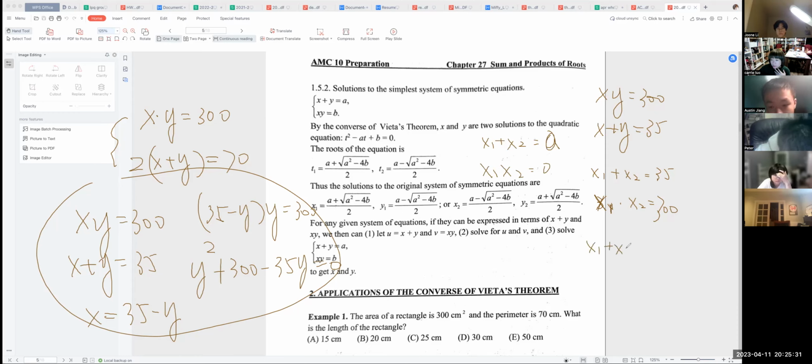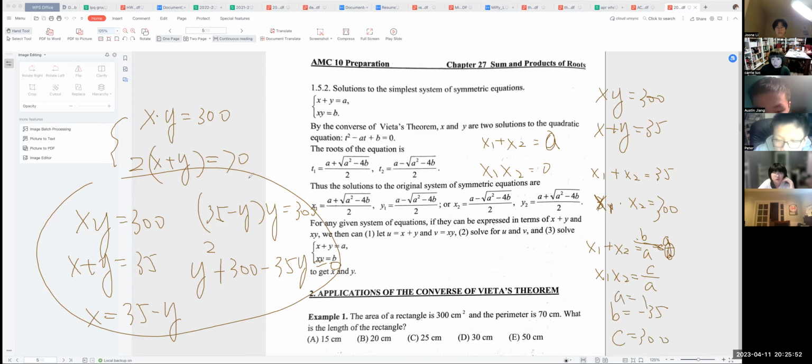So x1 plus x2 equals what? Equals negative b over a, right? And x1 times x2 equals c over a. So b equals negative 35, c equals 300, and a equals 1.